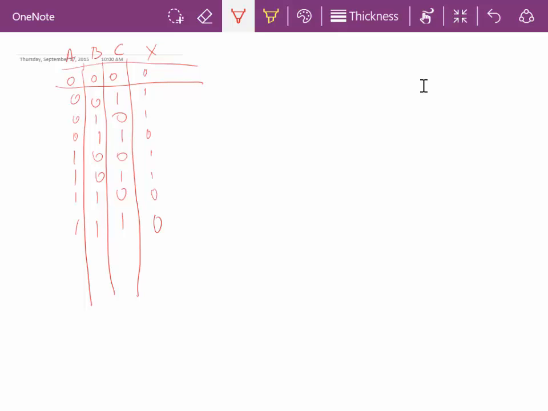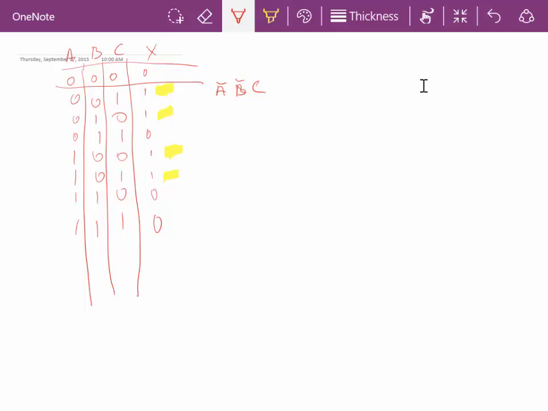And when I do that, I'm going to just put little marks here. Every place there's a 1, I will write a term for that. And the term is going to be basically, I'm going to look at this, and if there's a 0, it's going to be A naught, B naught, C is that term right there.